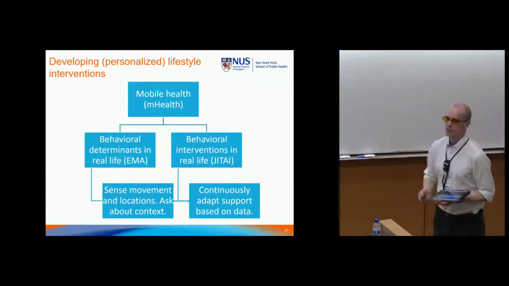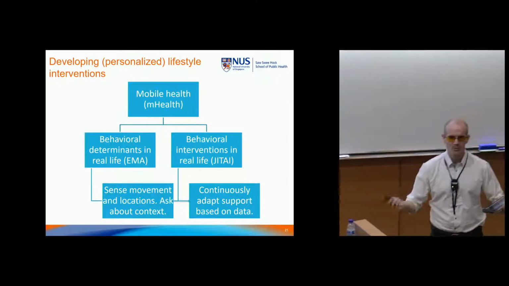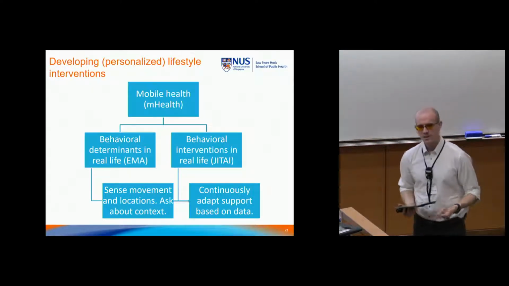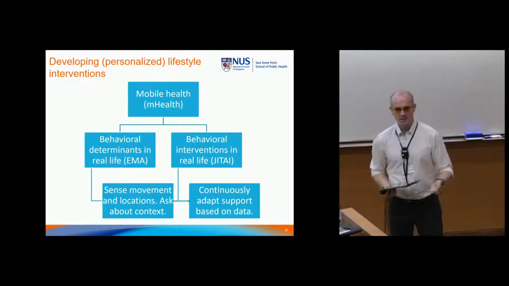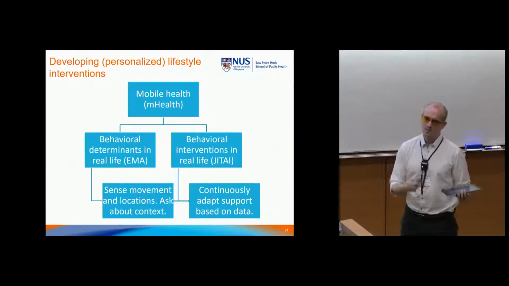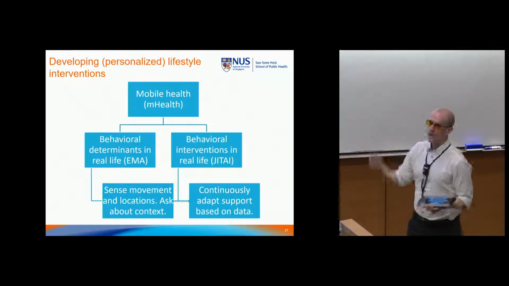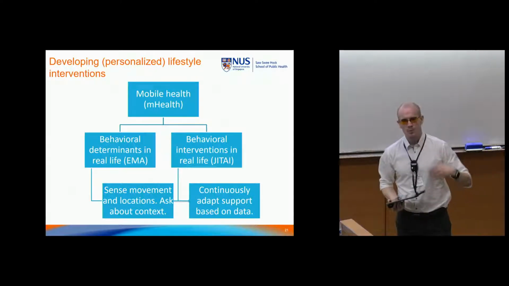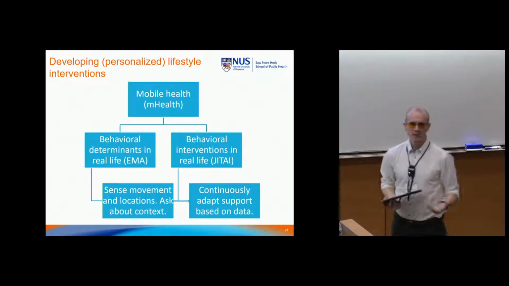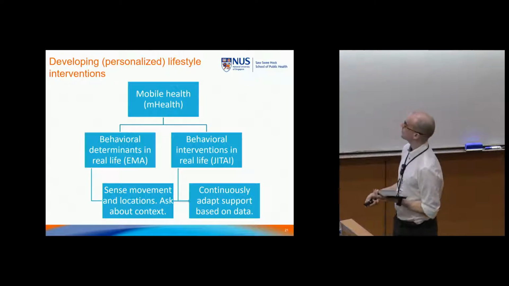The other aspect is just-in-time adaptive interventions, which I know you have already heard about quite a bit as part of this whole series of talks, where we hope to use mHealth strategies to develop or implement real-life interventions to promote behavior change and overcome some of the problems that I have tried to highlight early on. Ultimately, these two are linked, because what we do in EMA is actually also the basis for the implementation and development of just-in-time adaptive interventions. So they are very closely linked.